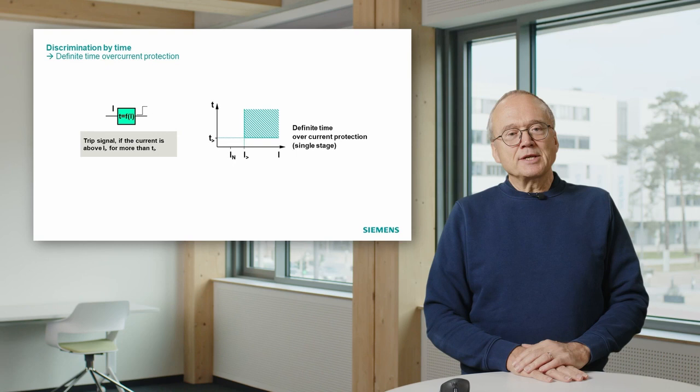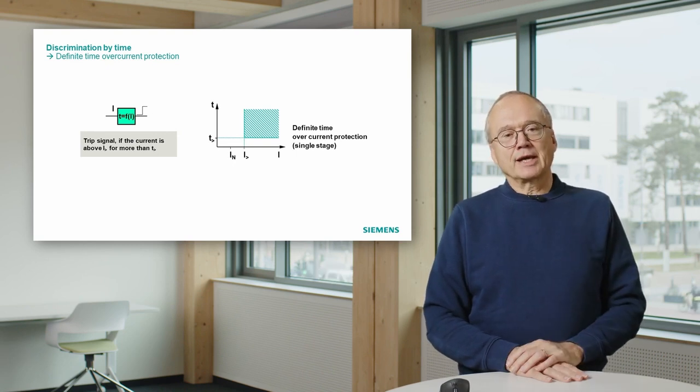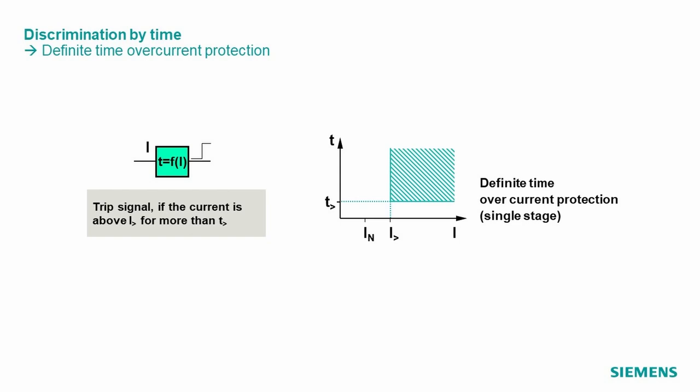If we look into these blocks in the structure of the overcurrent relay, that means these green blocks, you have as an input quantity the current, and as an output quantity you get a trip signal depending on the amount of the current, and with a time delay. And we assume now we have this type of characteristic, which is called definite time overcurrent protection.